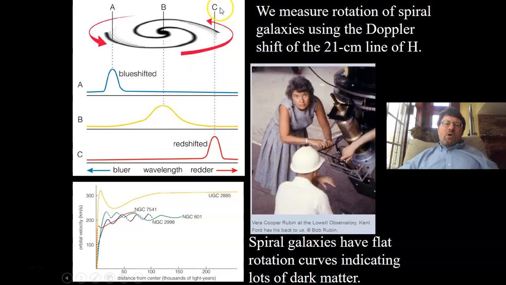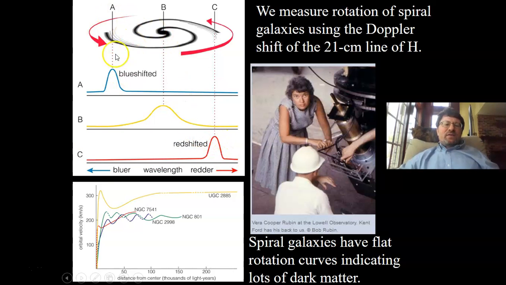Now, if you go over to position C, that side, the right side of the galaxy, is spinning away from us. So in addition to the galaxy as a whole moving, there's the additional contribution of the stars moving away from us. And so light from that side of the galaxy will be red-shifted even more than it was from the center.